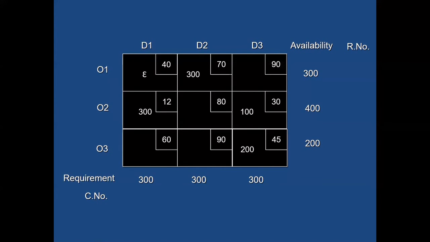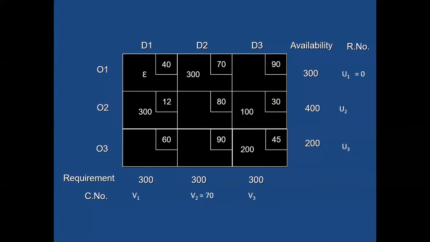feasible solution. And then we can go ahead with the Modi method again, go to step number 1, find out the values of row numbers and the column numbers. So again, we find out U1, U2, U3, start with U1 equal to 0. Okay.